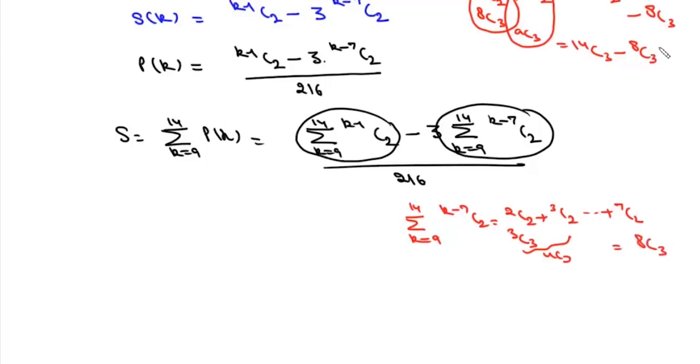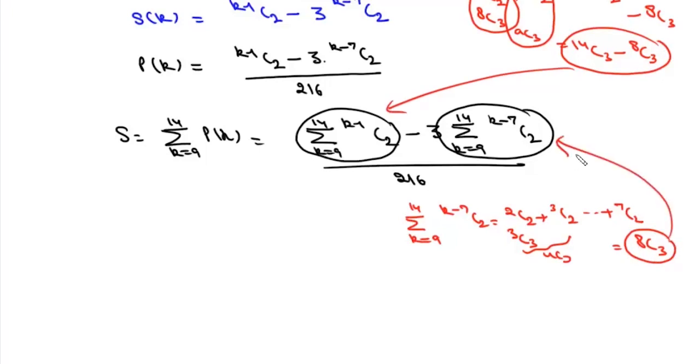So the first summation is 14C3 minus 8C3, and this second summation is 8C3. Now we put in the values of these summations, then we can write this S as 14C3 minus 8C3 minus 3 times 8C3. So that will be 14C3 minus 4 into 8C3, divided by 216.